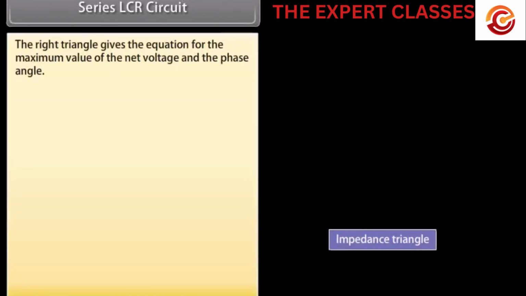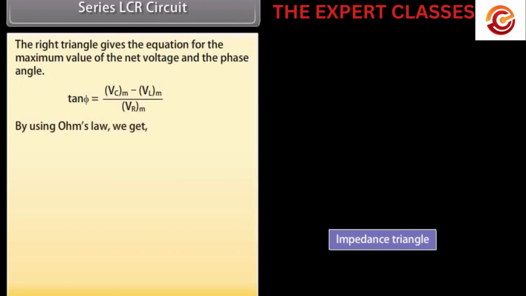The right triangle gives the equation for the maximum value of the net voltage and the phase angle. Tan phi is equal to VCm minus VLm upon VRm.